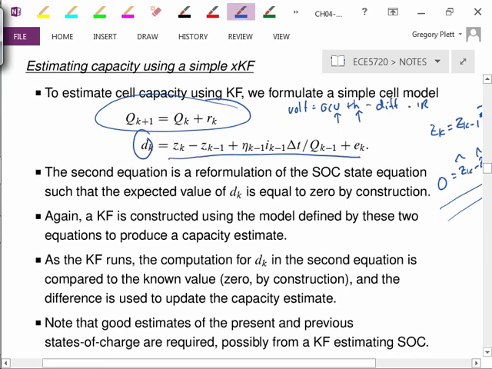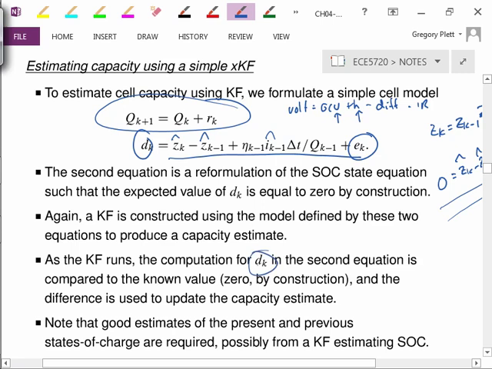So I compute a measured signal to be this. And of course, theoretically, it's 0, and in practice, it's not 0 because of SOC estimation errors and current estimation errors and so forth. So this e_k is this fictitious measurement noise that models the error in the z hats and the errors in the measurement of current. With this equation, then, I implement some kind of a nonlinear Kalman filter.